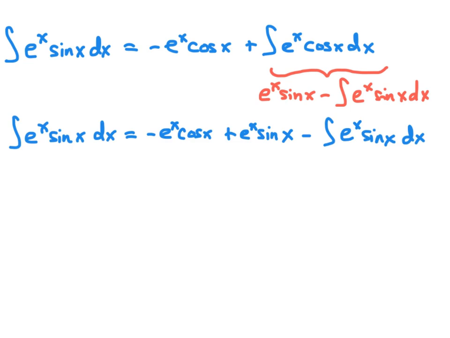When we do that, we get that the integral of e to the x sine x dx is going to equal negative e to the x cosine x plus e to the x sine x minus the integral of e to the x sine x dx.